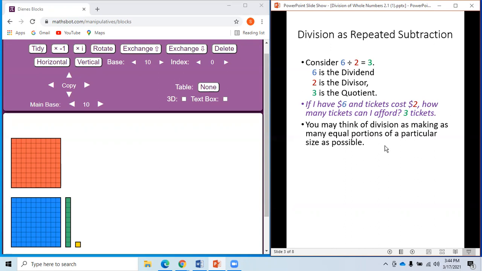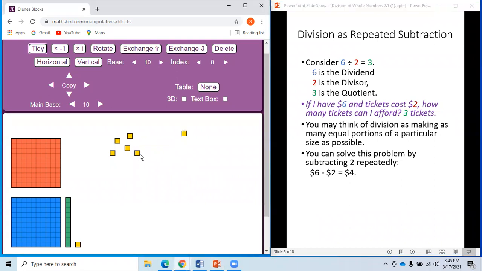How does this work? Well, I'm going to let each block represent $1. So I have 6 blocks, I have $6. And I want to subtract 2 repeatedly. So $6 minus $2 is equal to $4. And I can see that I have $4 here.